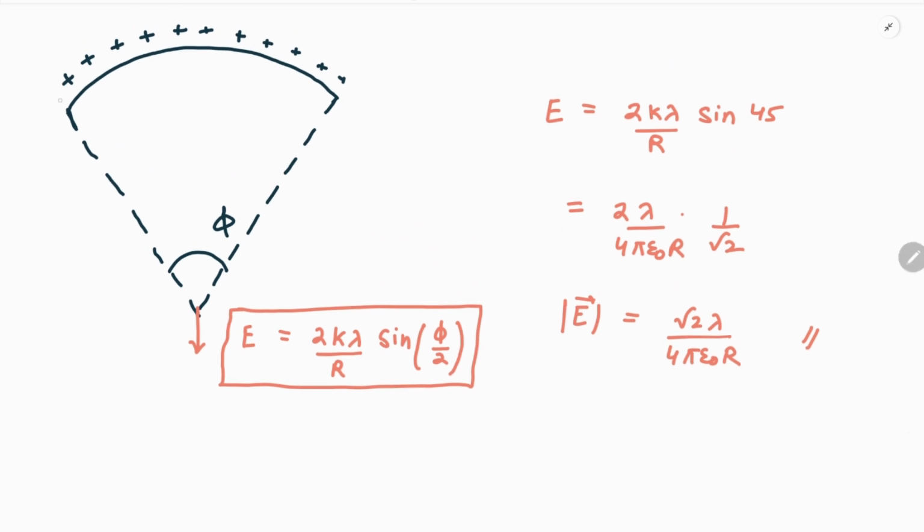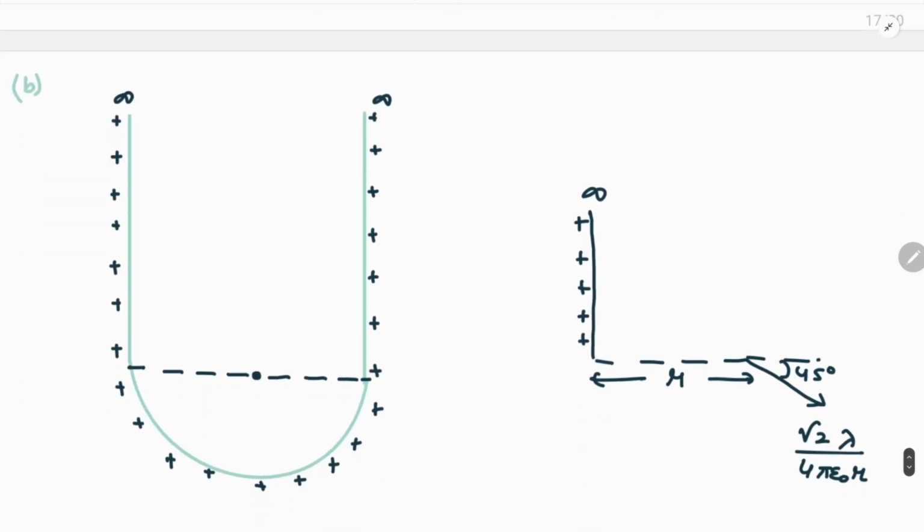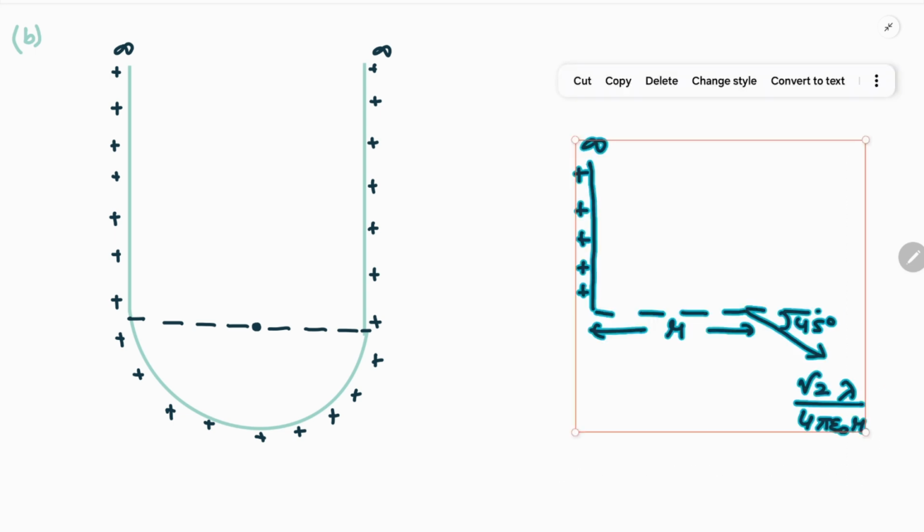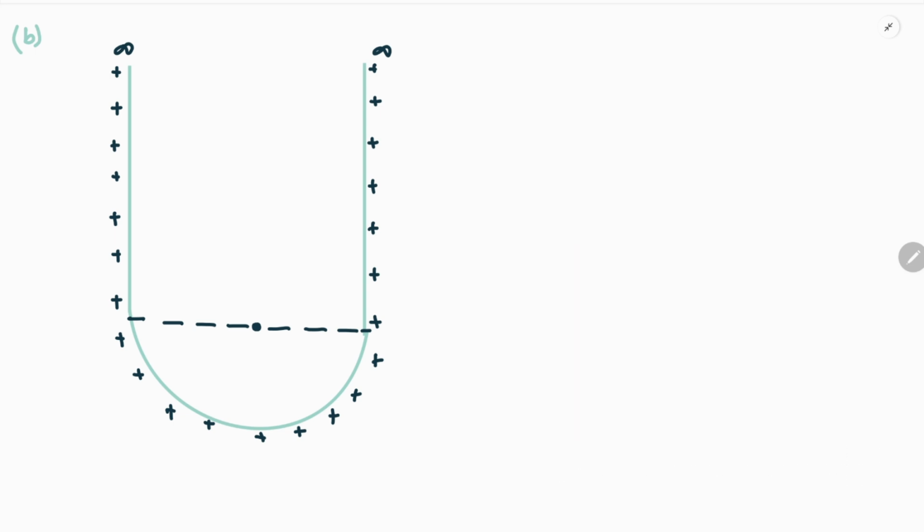The electric field due to an arc of charge is going to produce the magnitude of electric field 2k lambda by r sin phi by 2, where phi is the angle which it subtends. So over here in this particular charge configuration, if we consider these two important results, then if this one is the first charge configuration, it is going to create E1 in this direction. If this is the second charge configuration, this will create E2 in this direction.